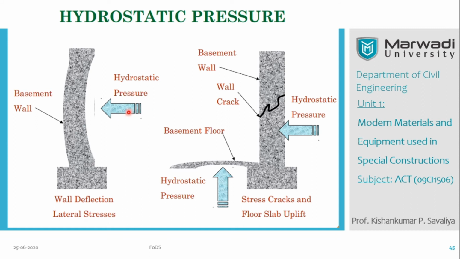So this hydrostatic pressure will act like this. In the horizontal direction, it will create bending like a beam. This is your column, pressure is here, so the building will move or bend like that. This is how hydrostatic pressure works.